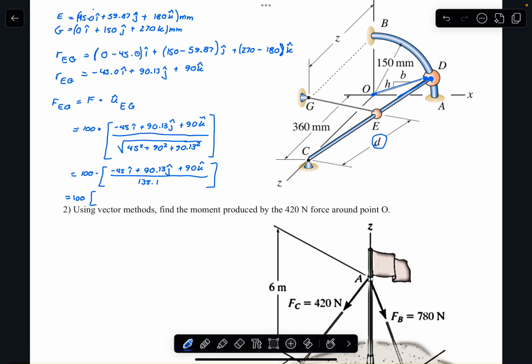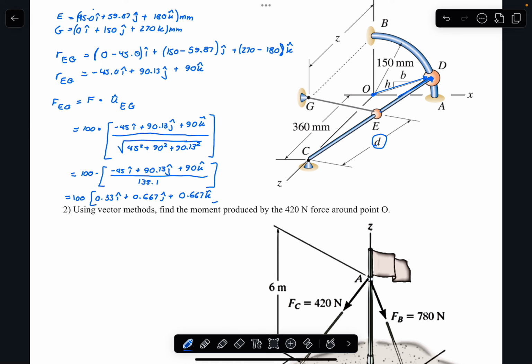Now this will be 45 over 135, 0.33 i hat, 0.667 j hat, and same thing, 0.667 k hat.